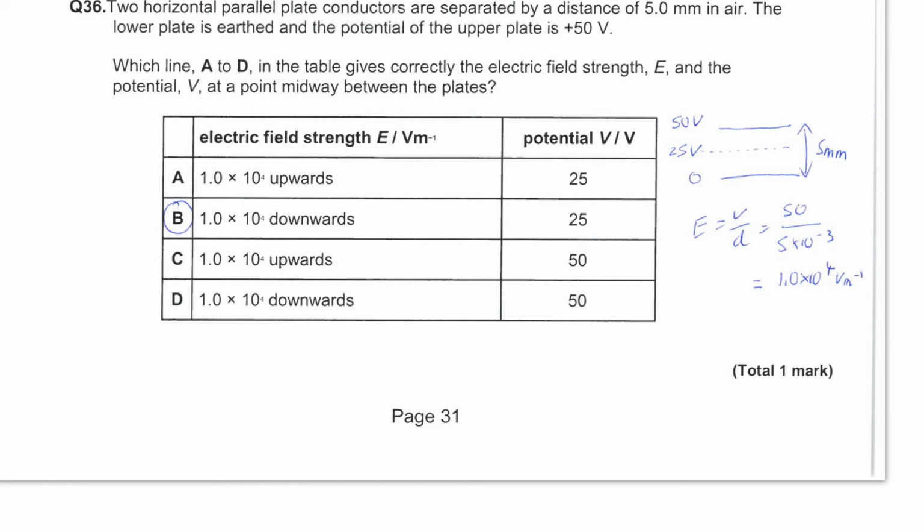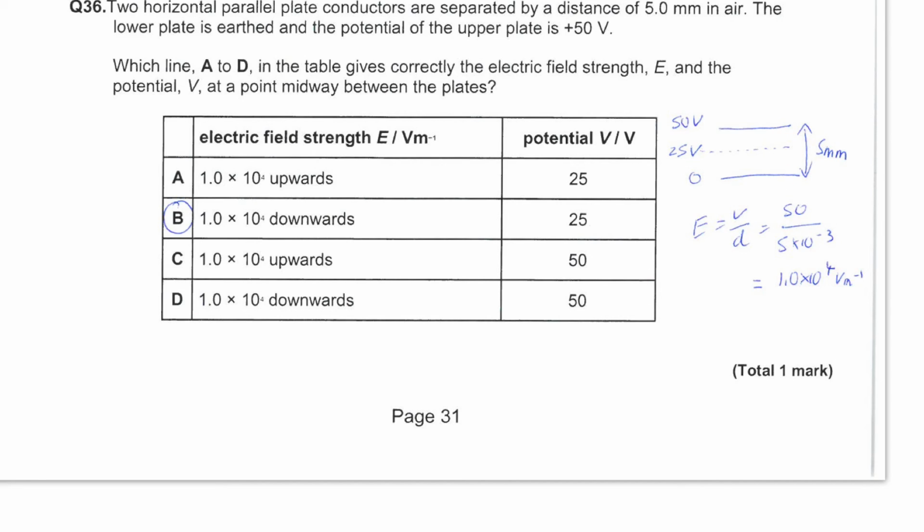The lower plate is earthed, so I've labelled that as 0 volts, and the upper plate is at 50 volts. You are asked to identify the electric field strength and the electric potential at a point midway between the two plates, so somewhere on this dotted line.